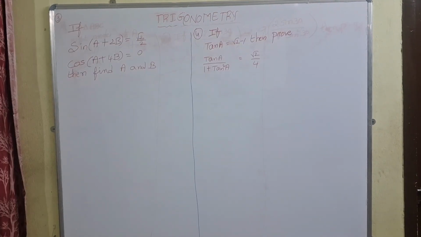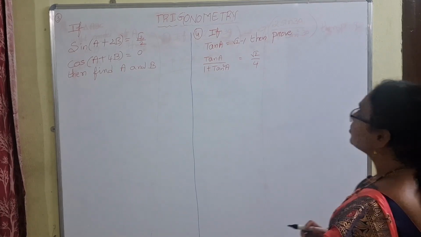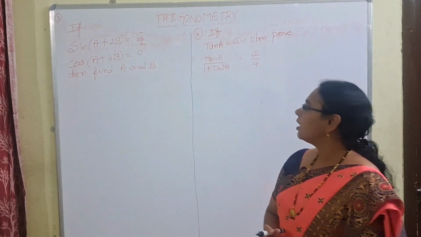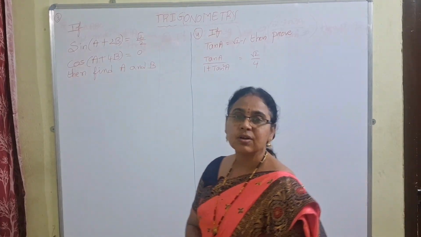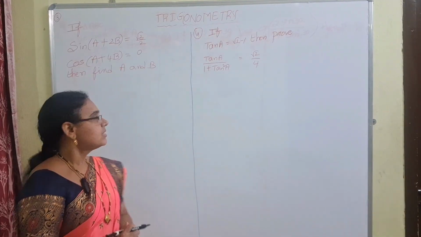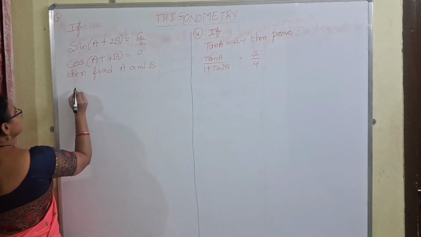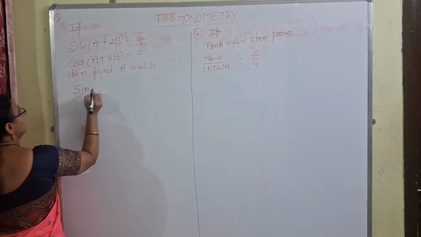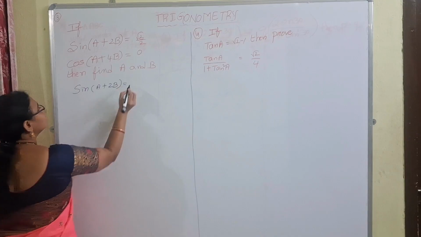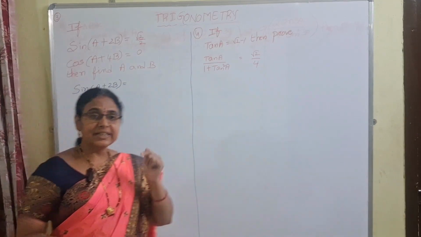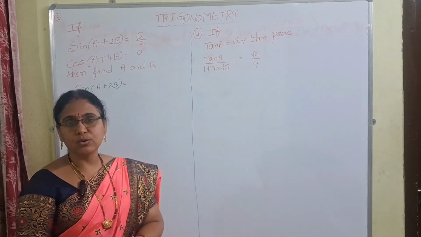See the next one. If sin(a plus 2b) is equal to root 3 by 2 and cos(a plus 4b) is equal to 0, then find the values of a and b. See the first one: sin(a plus 2b) is equal to root 3 by 2. In sin, when can you get root 3 by 2?